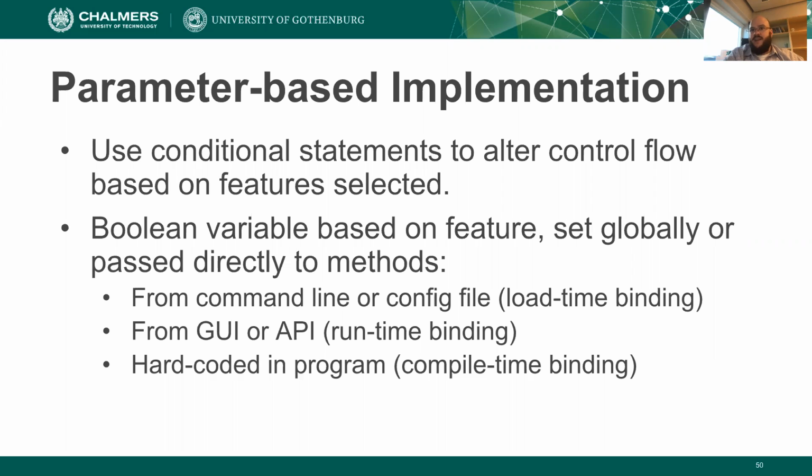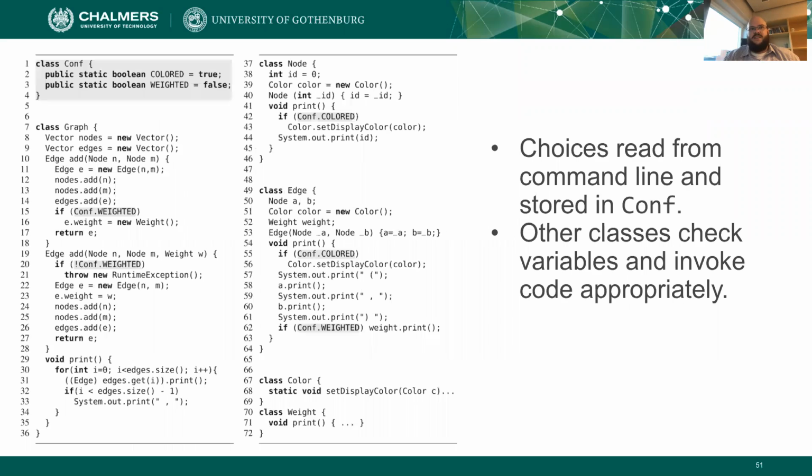And sometimes it has immediate effects in terms of runtime binding, or other times it's going to require a restart, so a form of load time binding where we restart the code with the new settings. So the use of parameters is a fairly flexible approach, simply noting in the code how to make use of those parameter settings. So this is pretty simple, and it has its benefits and drawbacks.